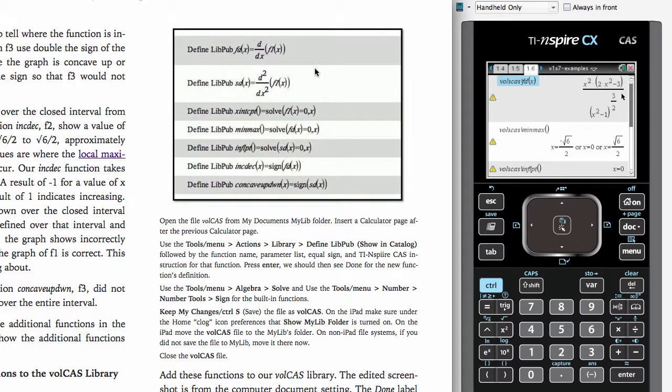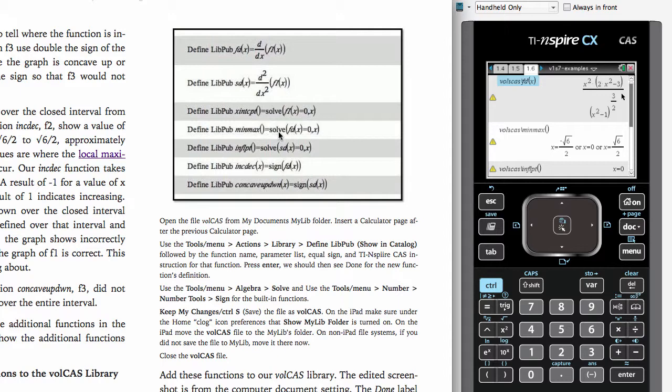Again, here's the library where we added the first derivative and the second derivative, to make it easier to read our first and second derivative in these formulas. To find the x-intercept, we set the function equal to 0 and solve for x. The minimum and maximum candidates are not all the places.